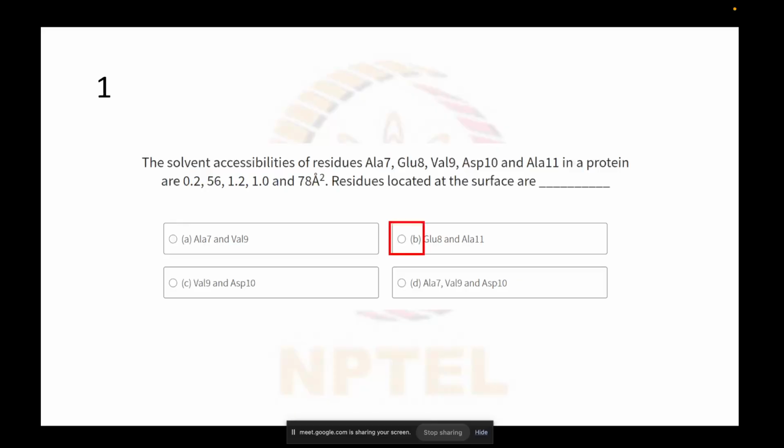Residues which are located on the surface have higher solvent accessibility. So among these residues we have glutamic acid 8 and alanine 11, which have values of 56 and 78 Angstrom square. So these residues are considered as the surface residues.